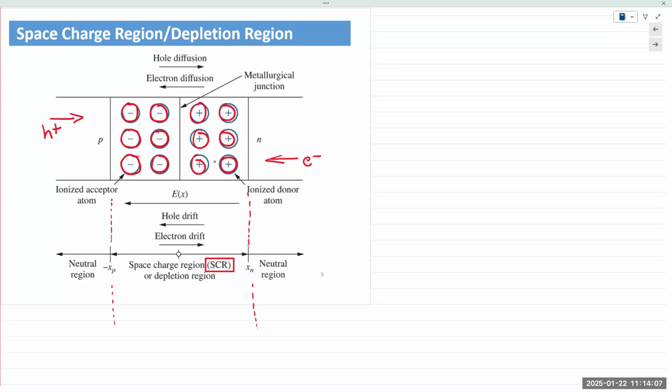There is a gradient: you have positive on one side, negative on the other side, which gives rise to an electric field. That electric field causes the drift of the charge carriers, causes a drift current, and the drift current is in direct opposition to the diffusion current that initially created the space charge region. You all with me so far? Okay.